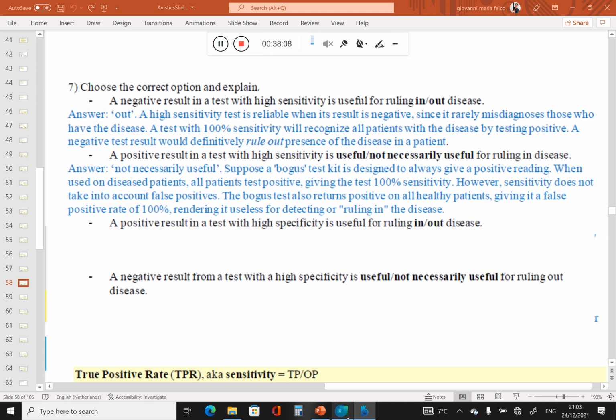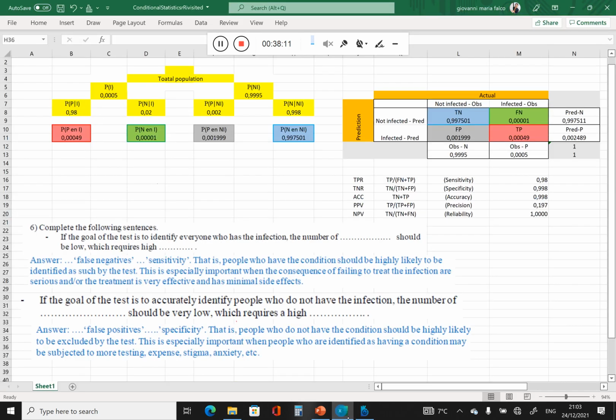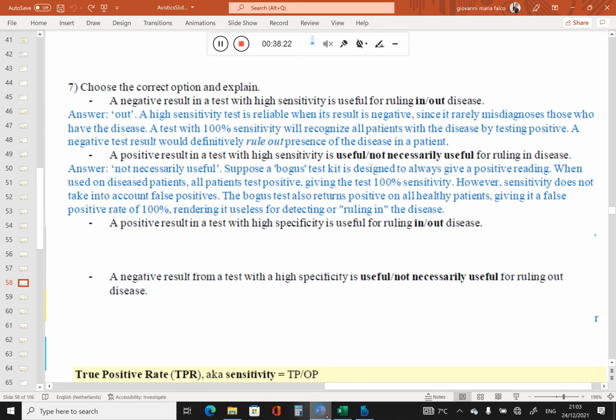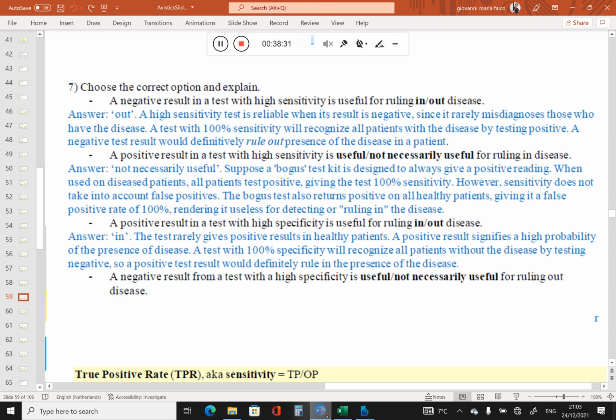Now, if we look at the formula, very high specificity means that if the specificity is 100%, then I have no false positives. And that means that if I get a positive result, then I am infected. So a test with high specificity is useful in ruling in the disease when I get a positive result.